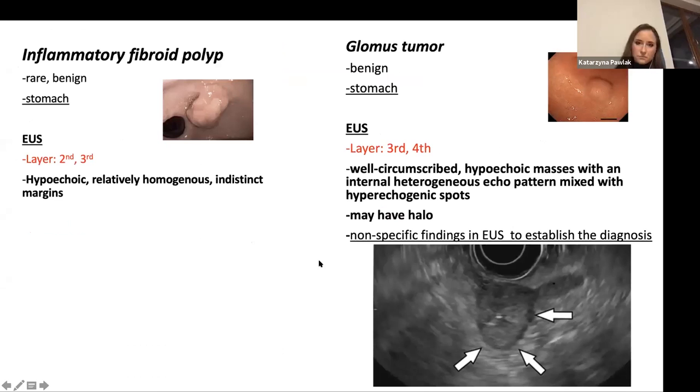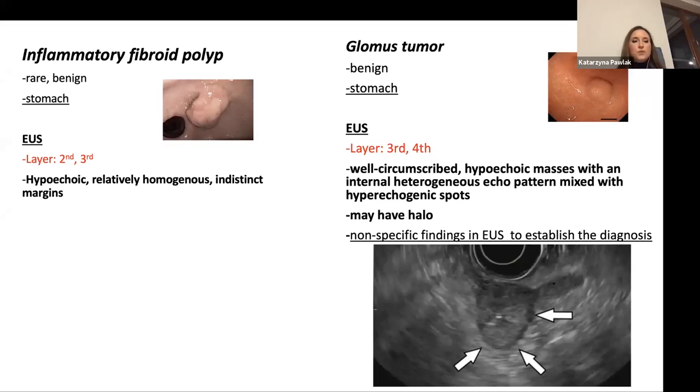And then we will go to inflammatory fibroid polyp, which is a rare benign lesion located typically in the stomach, and sometimes it's easy to assess with EGD. They arise from the second and fourth layer and third layer and are hypoechoic and homogeneous with indistinct margins.